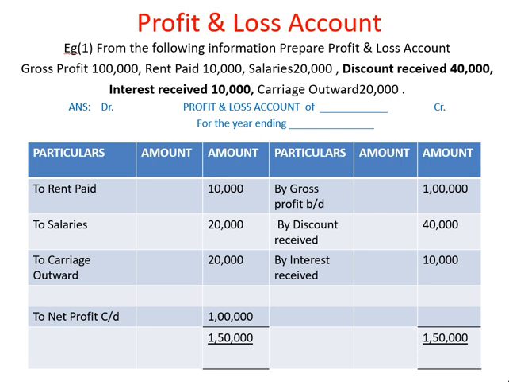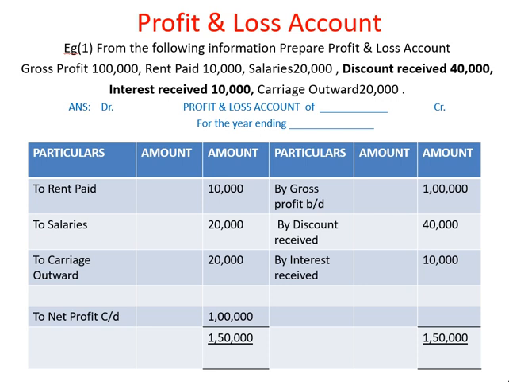Rent paid falls on the debit side, 10,000. Salaries are indirect expenses, 20,000. Discount received is indirect income, so it falls on the credit side. Carriage outwards goes to the debit side, and interest received, 10,000, goes on the credit side.